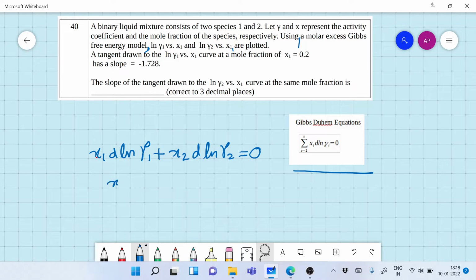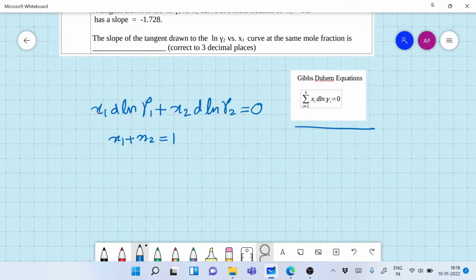Now, for a binary mixture, we also have x1 plus x2 is equal to 1. If we differentiate it, we get dx1 plus dx2 is equal to 0. So let us treat this as equation 1 and let us treat this as equation 2.